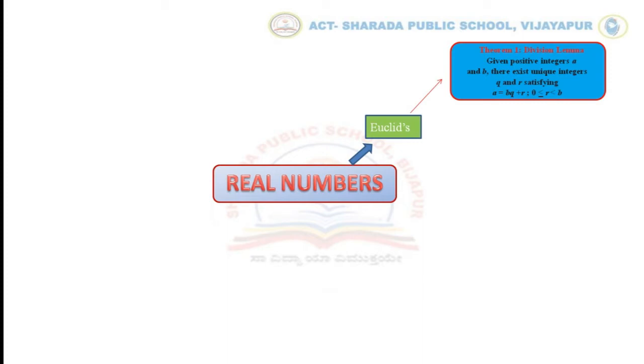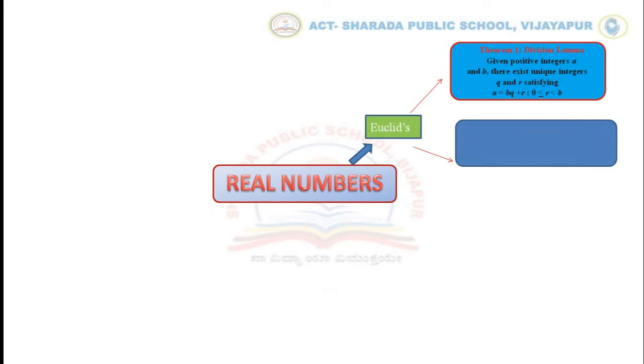And using this division lemma, we studied the division algorithm, that is finding the HCF of given two numbers, or problems like show that any positive odd integer is of the form 6q plus 1, 6q plus 3, 6q plus 5, where q is some integer.